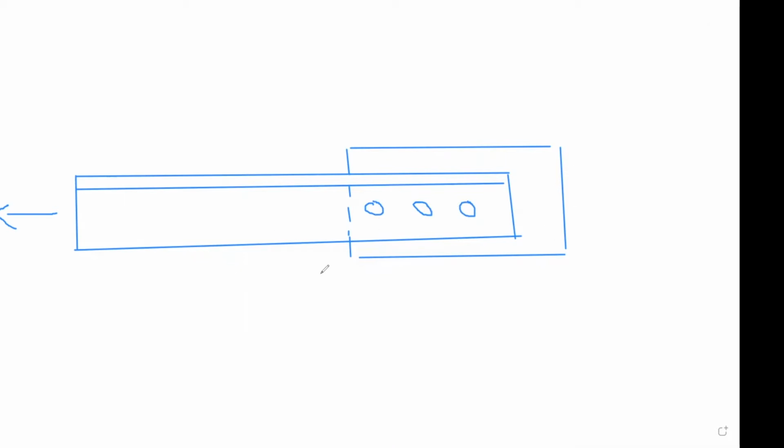Assume that's the case. Then the problem that we face is that this angle, if we look at it head on, looks like this. And here's our plate that it is attached to, and here are our bolt holes.